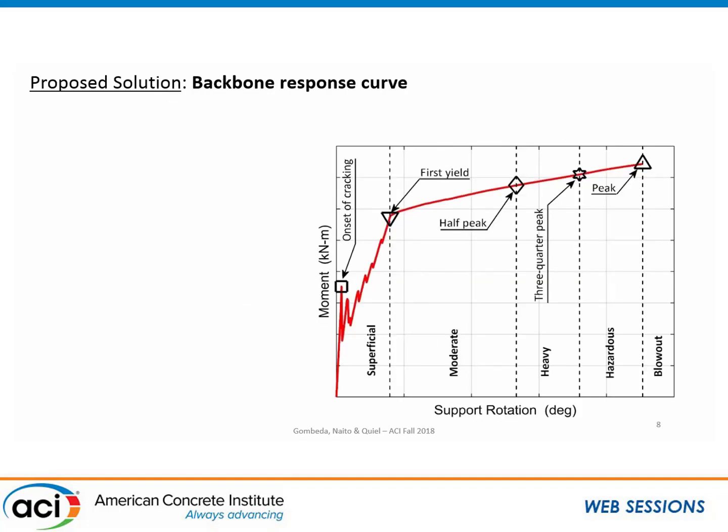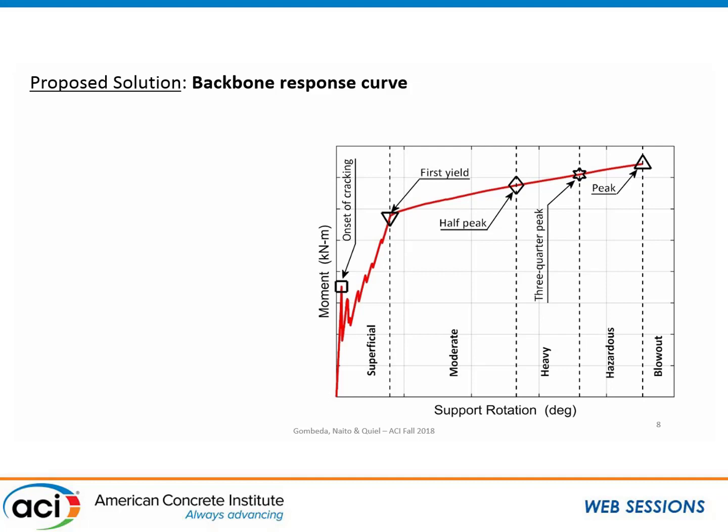So what we've proposed in this method is a backbone curve that requires a little bit of computational modeling. It's a little bit more complicated than just using S-beds, but what you can do is make a simplified model using the computational approach, and you could extract the component-specific response criteria for a given panel.